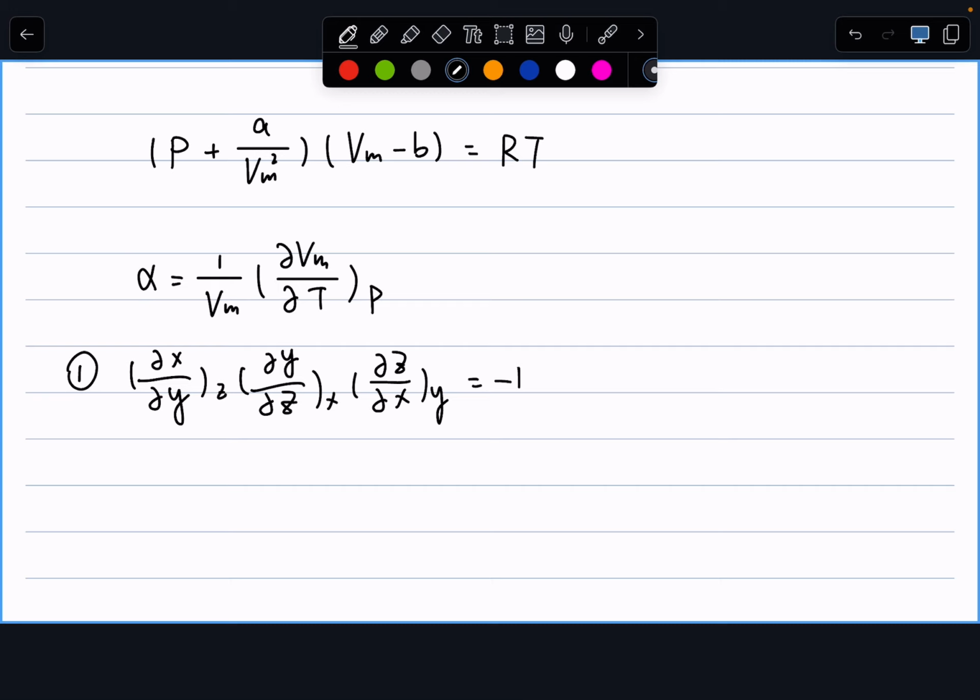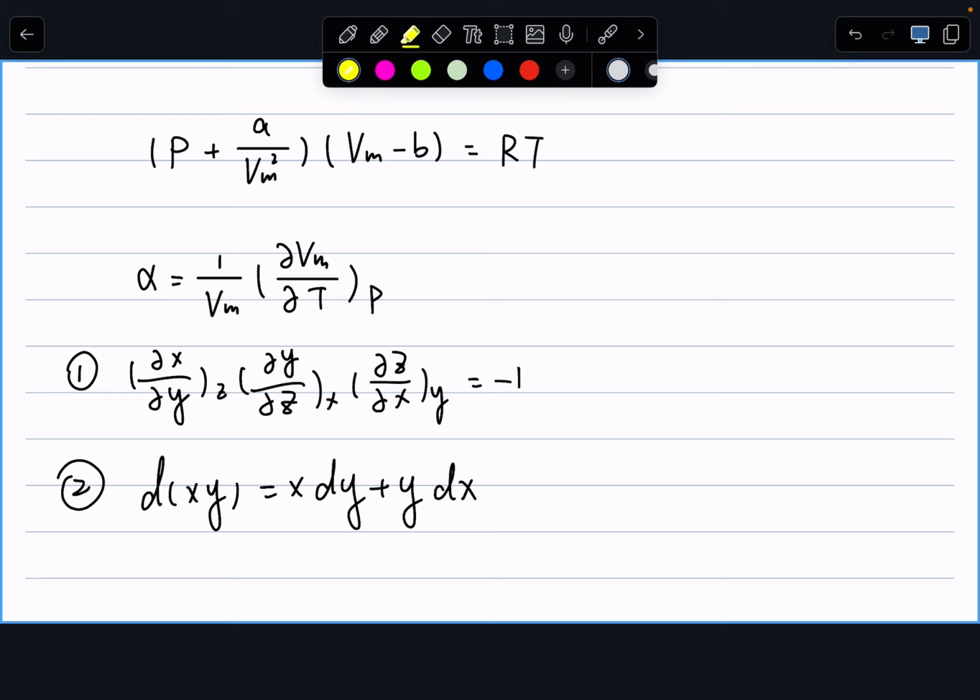So we can use our cyclic chain rule to help us, instead of solving for Vm, just expressing pressure or temperature as a function of the other 2 and using the cyclic chain rule. Second approach is to say, now we have 2 different terms here, right? So left and right. What if we use the relationship d(xy) equals x dy plus y dx? That's also going to help us solve this relationship. So we will be focusing on the first one here.